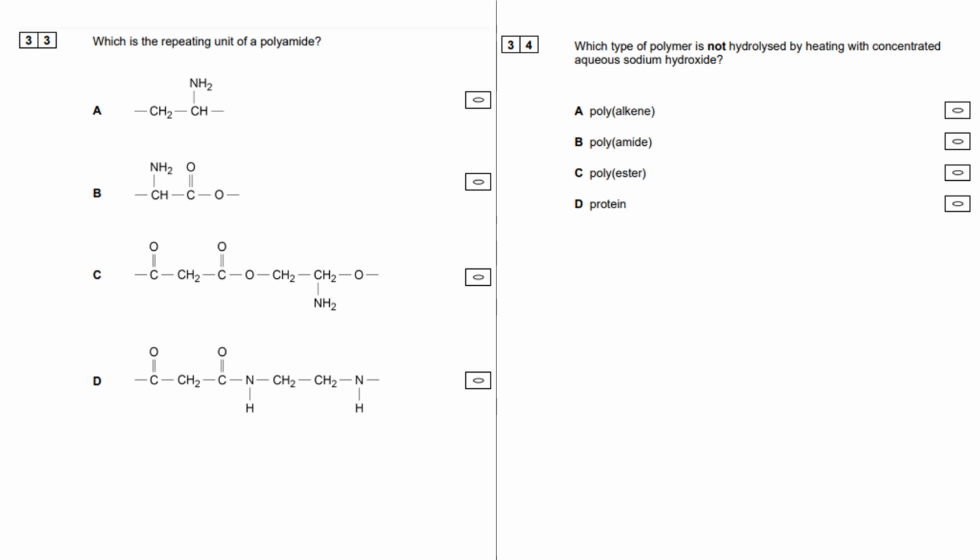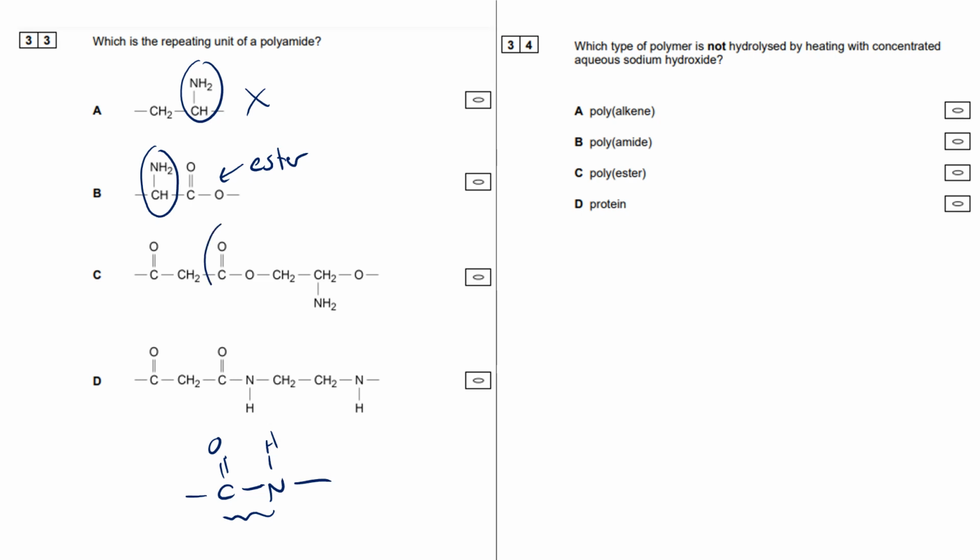What's the repeating unit of a polyamide for question 33? So polyamide, you're going to have a CONH. You need your amide link. And then you're going to have either one or two monomers either side of the amide link. So A is an amine, that's not an amide link. B, even though you've got an NH2, is an ester link.